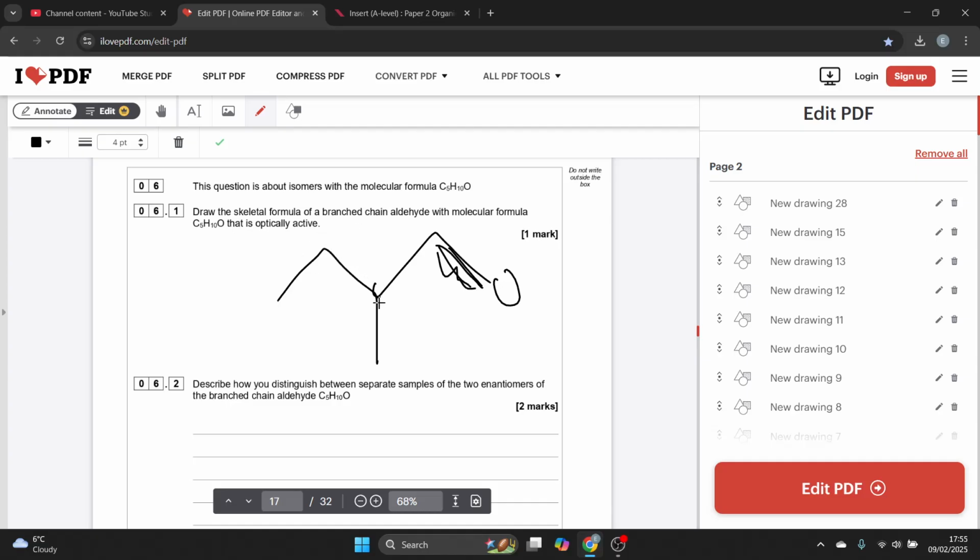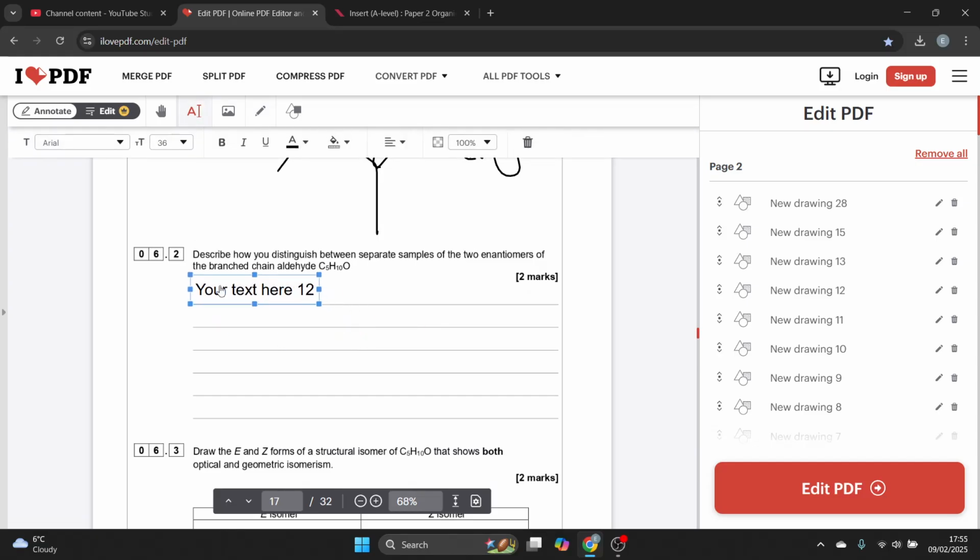C5H10O, 1, 2, 3, 4, 5, and your carbonyl group there. This is how you distinguish between separate samples: use plane polarized light, which rotates the plane in opposite directions.